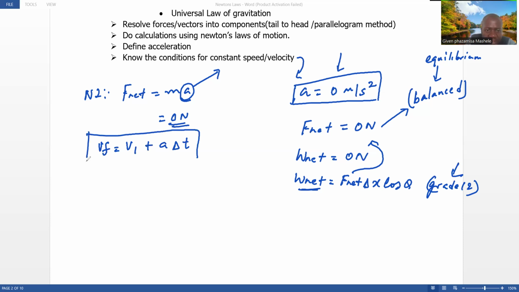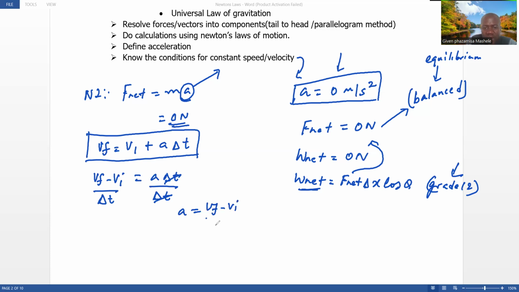Let's make a the subject of the formula, the acceleration. Obviously, we'll transpose Vi to this side. This will be Vf minus Vi equals a Δt. Then you divide this by Δt, and you divide that by Δt. You see that your a will be Vf minus Vi over Δt.